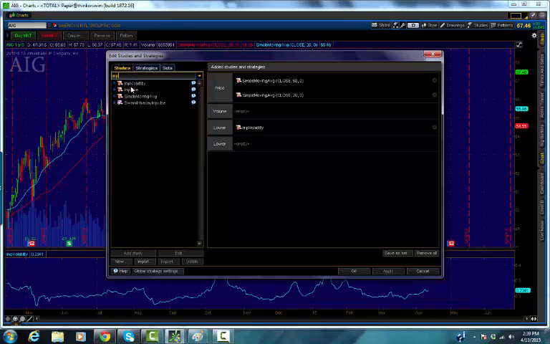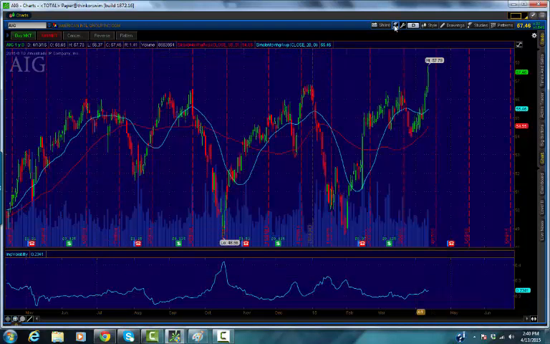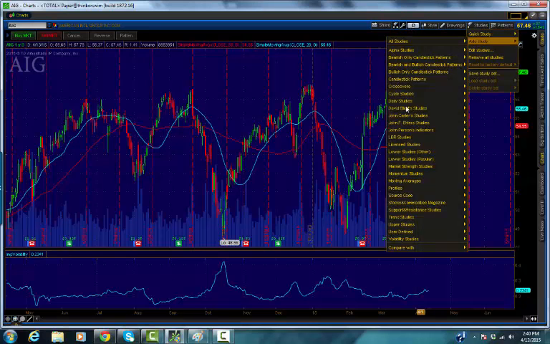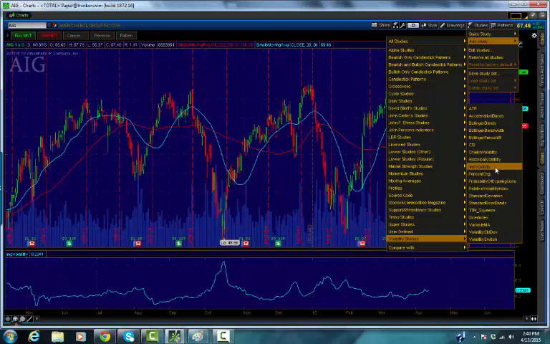If you type out the word implied, it won't find it. Or you can just type out the word volatility and it will find it in the list right here. If you don't know how to locate this button I've just clicked on right here, you could always go to Studies, Add Study, go down to Volatility Studies, and it should be right there.